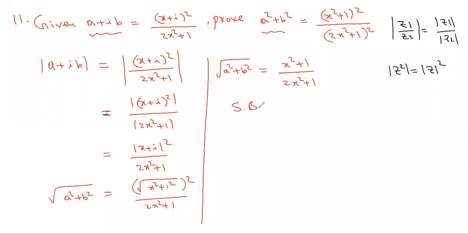Squaring both sides, a square plus b square equals (x square plus 1) the whole square by (2x square plus 1) the whole square. Some people will convert this also into a plus ib form, find the a value and the b value, substitute in the LHS, and get the RHS. That is also not wrong. It's just a little long.